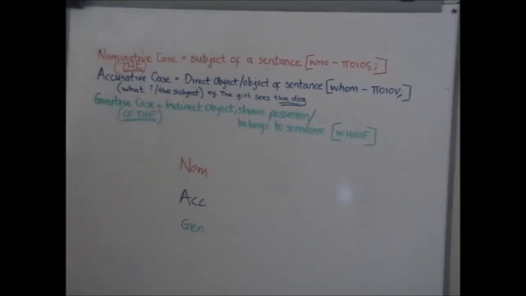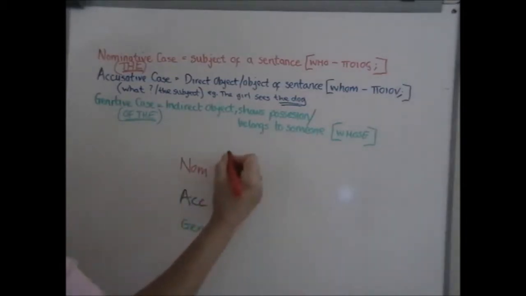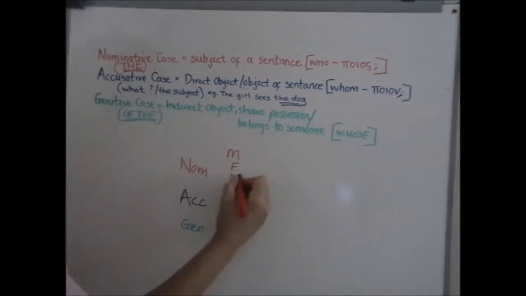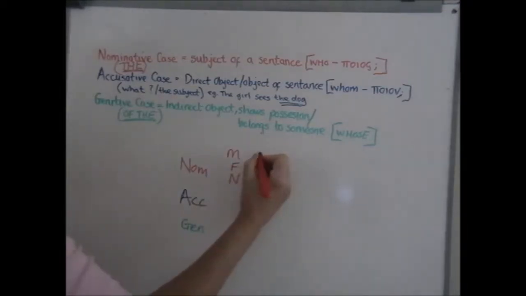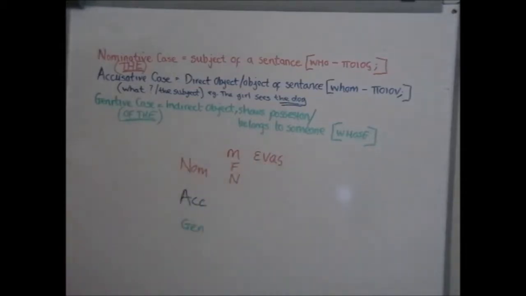So if we're in nominative and we want to say a man, because we're going to have masculine, feminine and neuter. So if we're saying it in nominative as masculine, we would say enas.